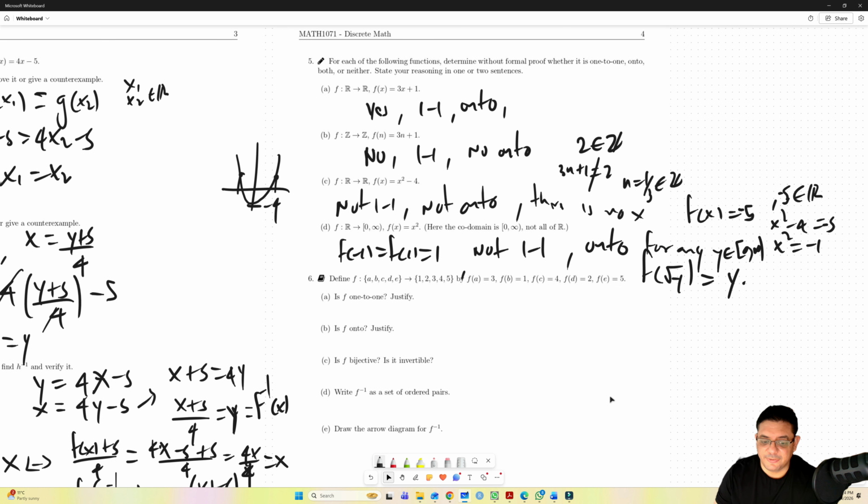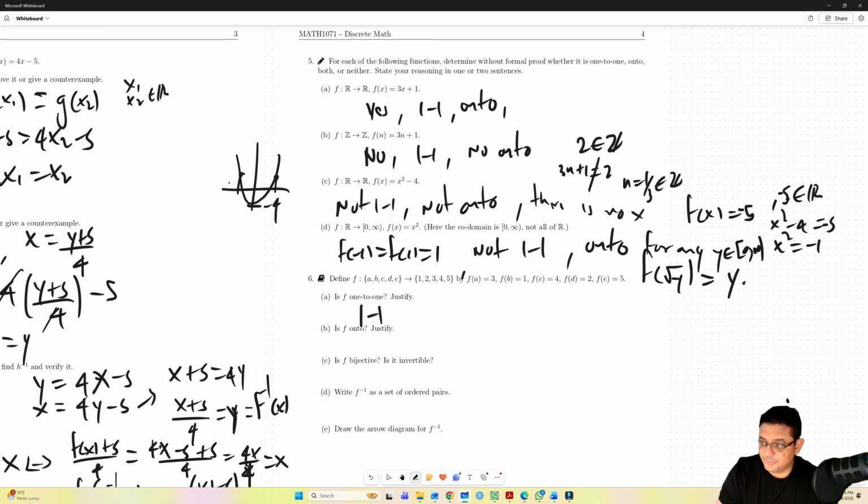Now for question number 6, we have f from a, b, c, d, e to 1, 2, 3, 4, 5. f of a is 3, f of b is 1, f of c is 4, f of d is 2, and f of e is 5. Is f one-to-one? Yes. You can notice that the outputs are 3, 1, 4, 2, 5, which are all distinct.